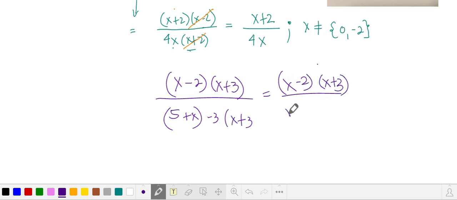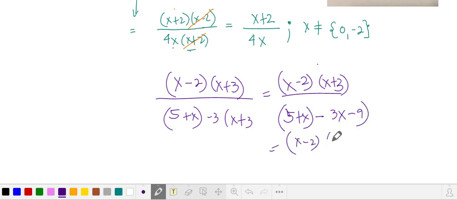But this one, you need to simplify 5 plus x minus 3x minus 9, and then simplify some more, x minus 2, x plus 2, and then combining like terms here, 5 minus 9 is -4, x minus 3x is -2x, minus 4, right? Because we can combine like terms here now.